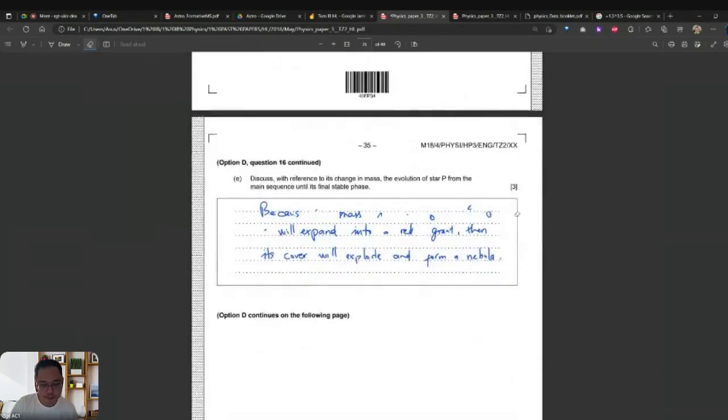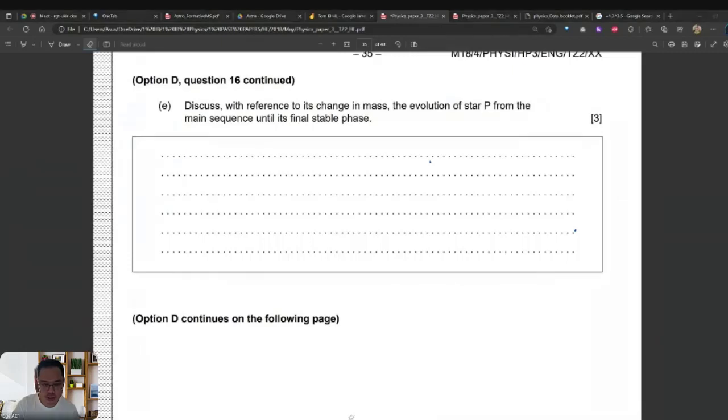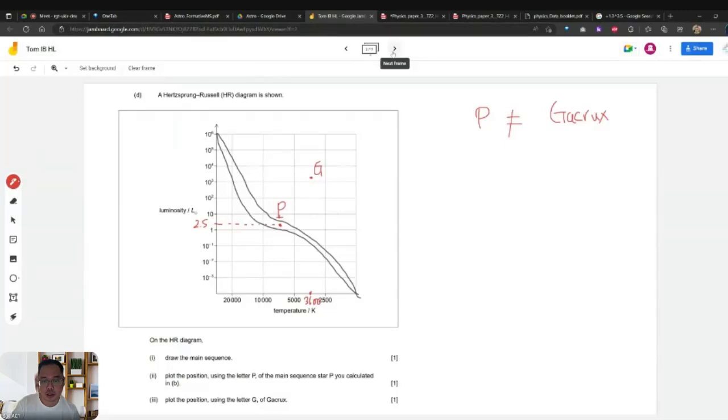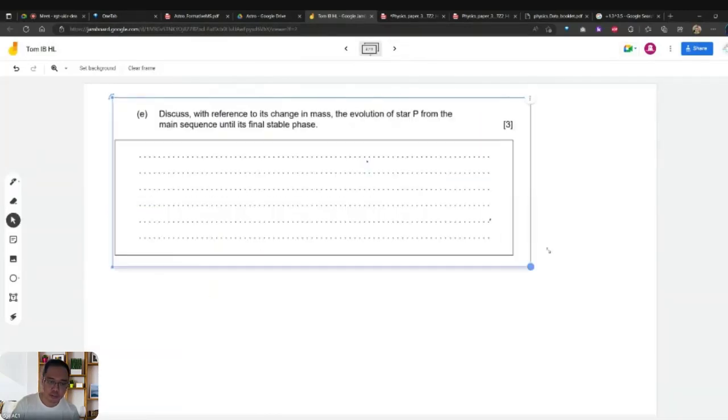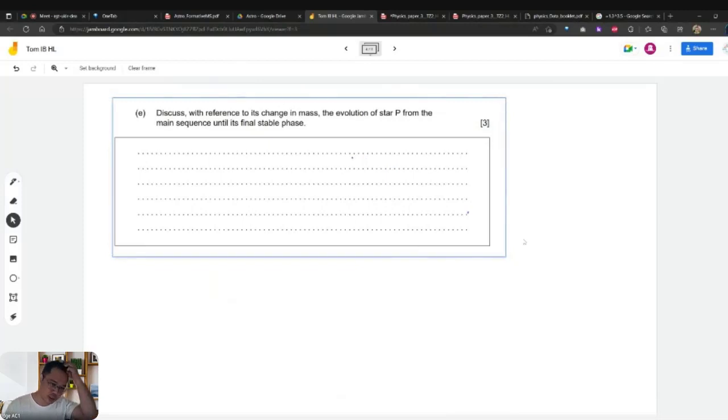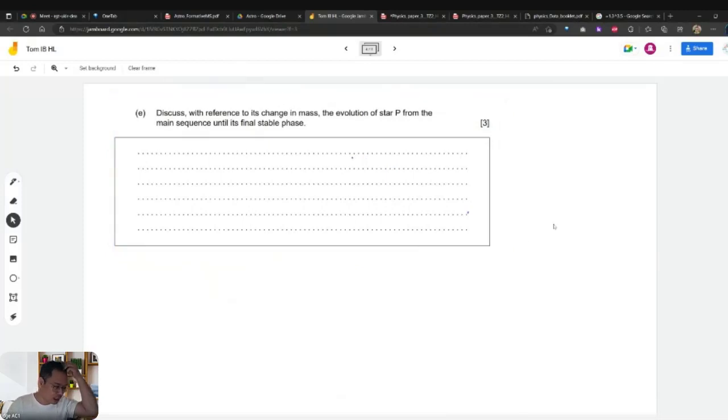The next one. Discuss with reference to the change in mass the evolution of star P from the main sequence until its final stable phase. The star P will keep burning, fusing the hydrogen and helium, and then that amount of hydrogen runs out, not enough to produce enough outward pressure to balance the gravitational attraction.